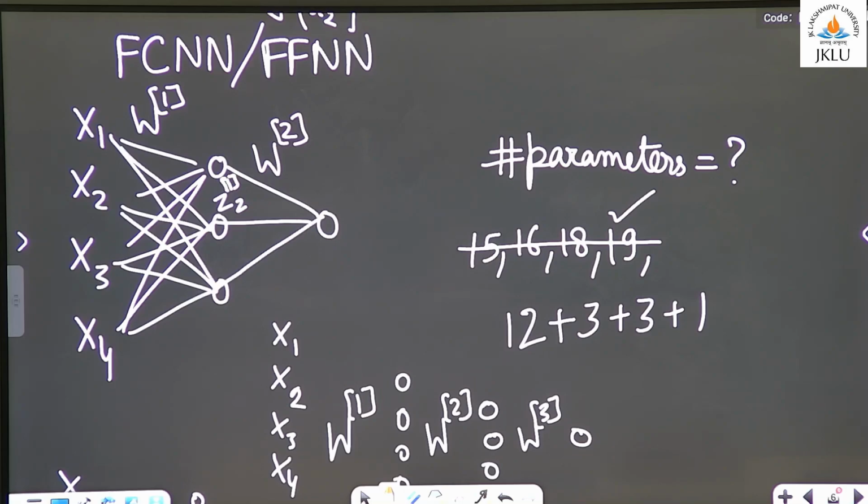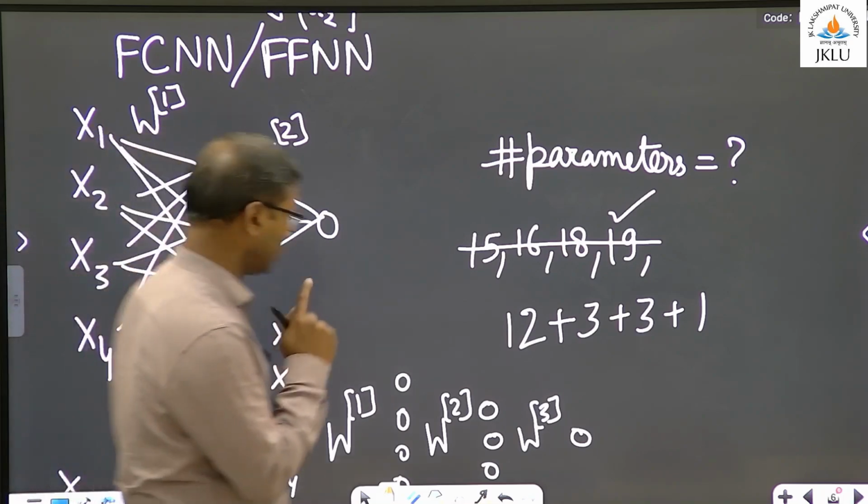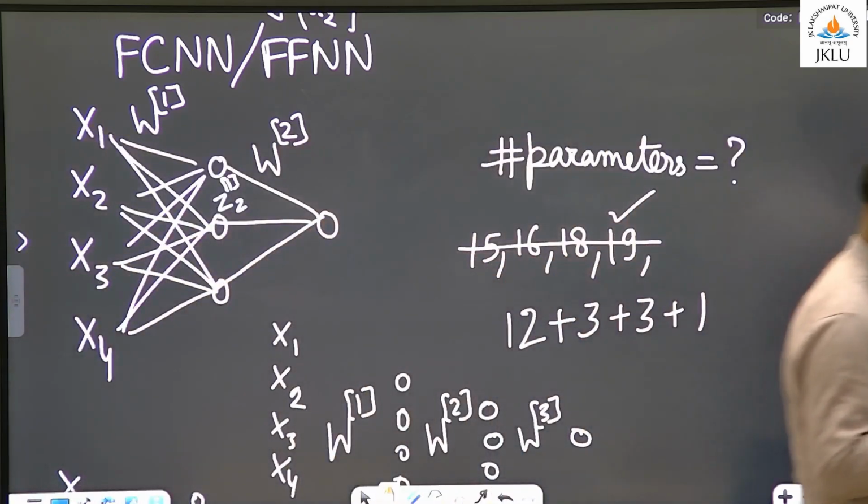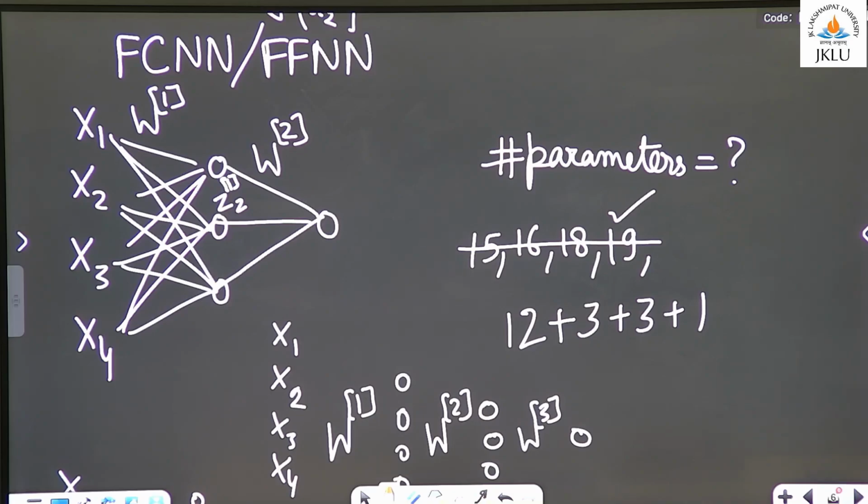Z12 is which kind of computation? Linear. So what will it be? Right now I am not looking for the vectorized form. If you want to give me an equation for this one, you can give me an equation.